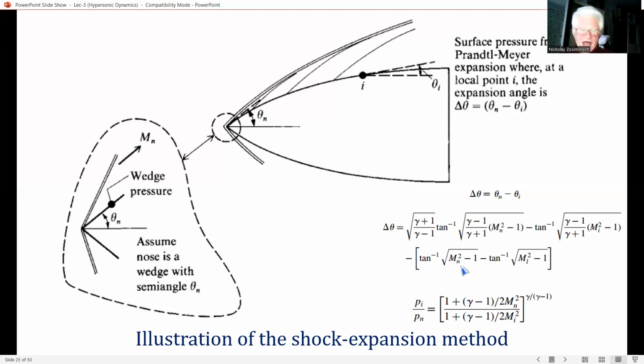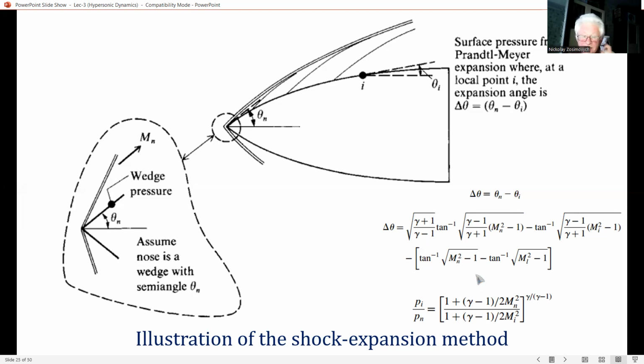In this equation, M sub I is the only unknown. Mn is known from the preceding step 1, and delta theta here is a known geometrical quantity, okay? Of course, for air with gamma equal to 1.4, tables for the Prandtl-Meyer function would be used to calculate M sub I, rather than attempting to solve this exact equation.